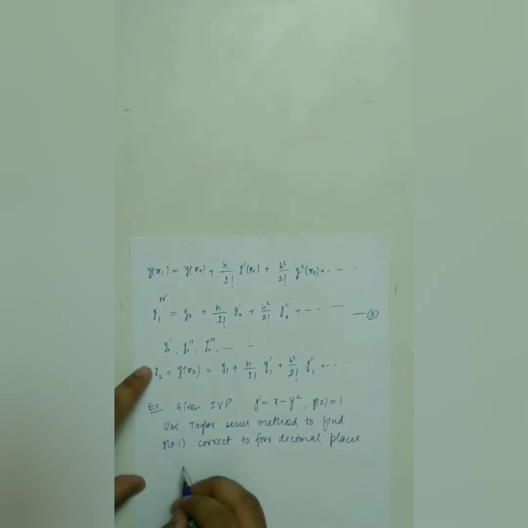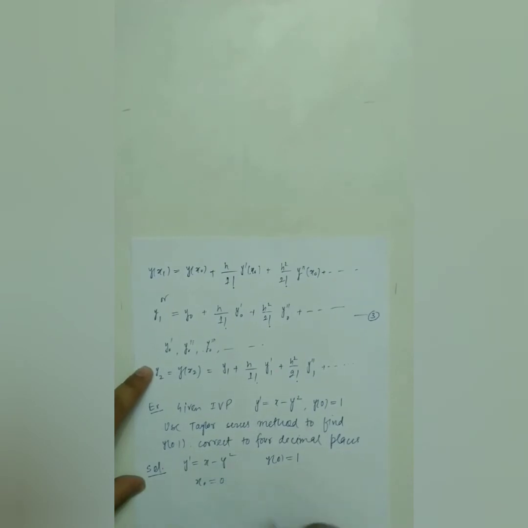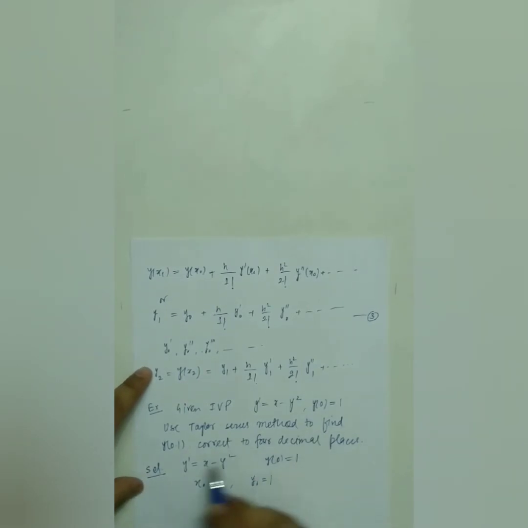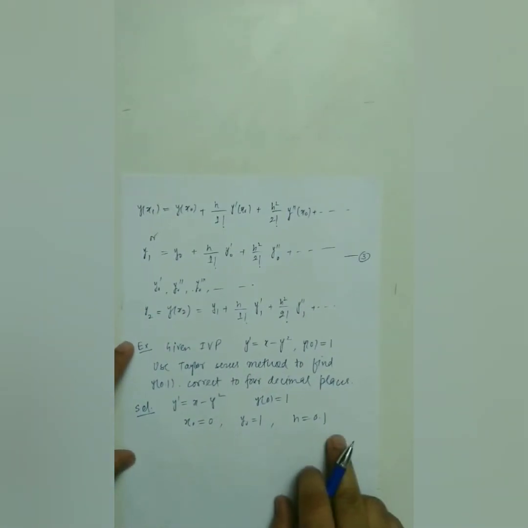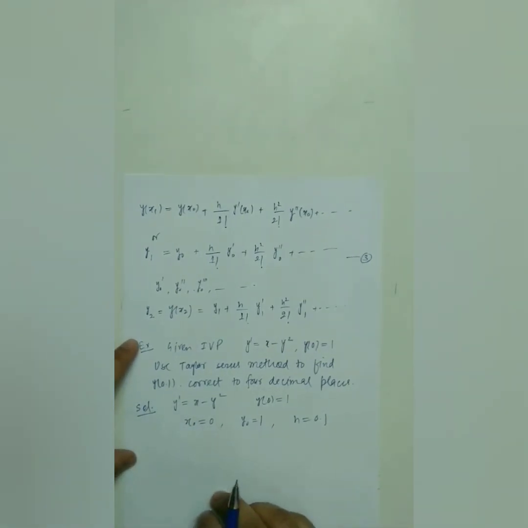So now given y dash is equal to x minus y square and y0 equal to 1. It means x naught is 0 given, y naught is 1 given, and since we have to find the value at 0.1, we will take h is equal to 0.1. Normally it is written that h is given. If it is not written, we can take h is equal to 0.1.